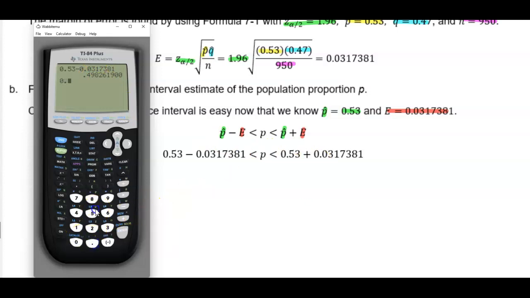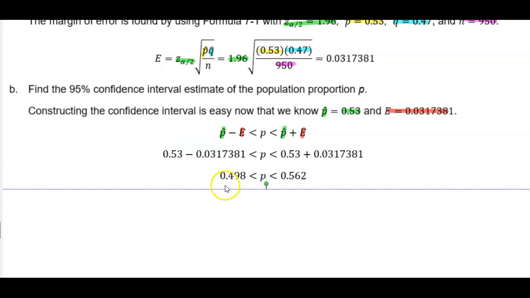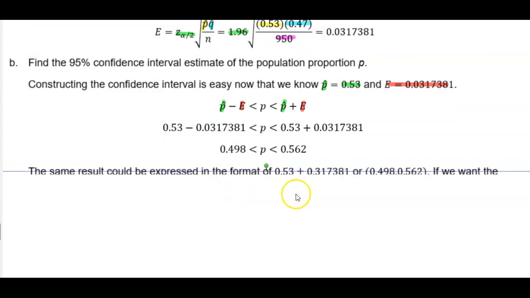We have 0.53 plus 0.0317381. And that's going to give us 0.562, because you want to round that to 3 decimal places. So therefore, you get 0.498 and 0.562.